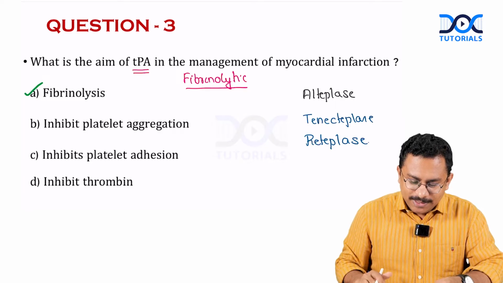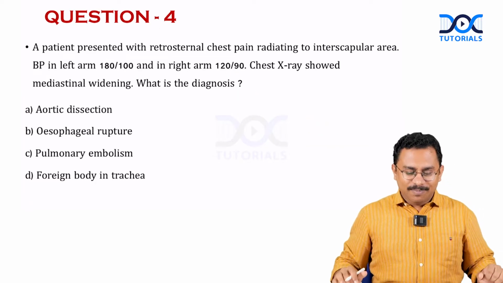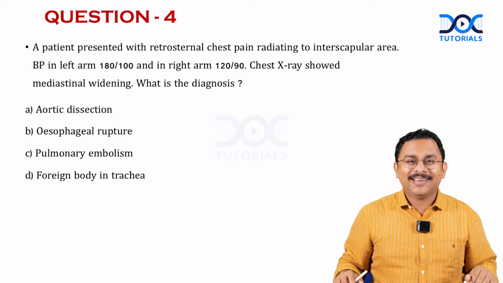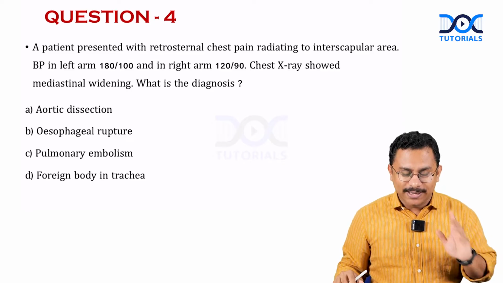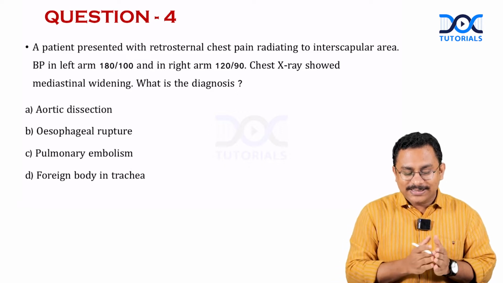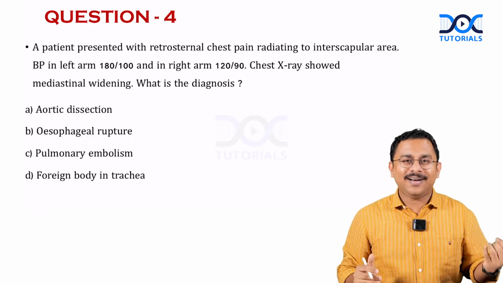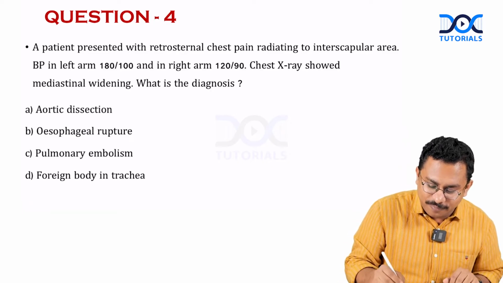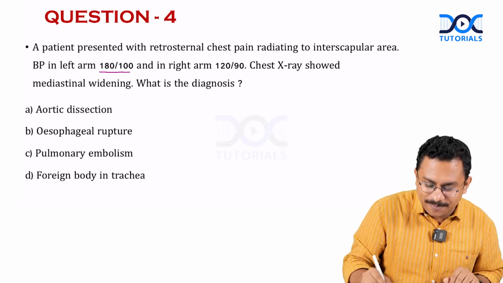Question number 3. Next, moving on to question number 4. A patient presented with retrosternal chest pain radiating to the interscapular area. They have given that the patient is having a left arm BP of 180 on 100 and right arm of 120 on 90.